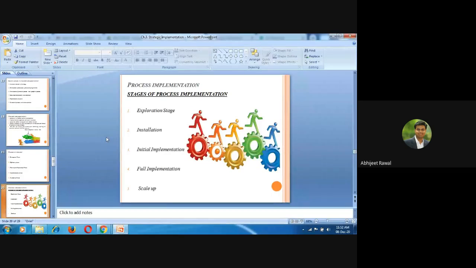Then once it is successful and you understand whatever challenges you are facing, then you can go for full implementation. Once the initial implementation is done, आपको लग रहा है कि नहीं, more or less अच्छा quality का output हमको मिल रहा है, तो we can easily go ahead with the full implementation part.